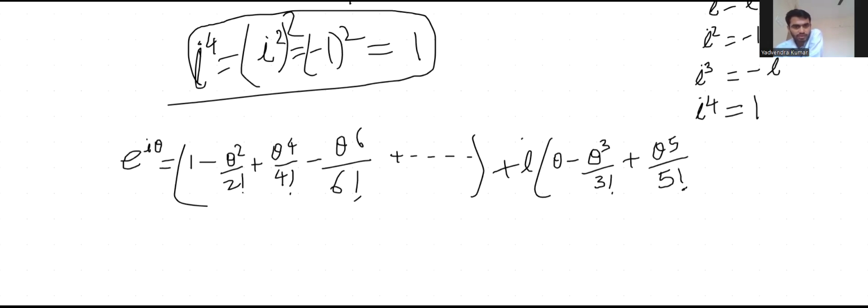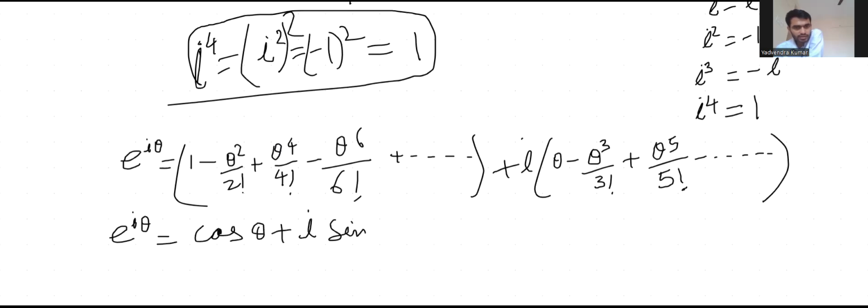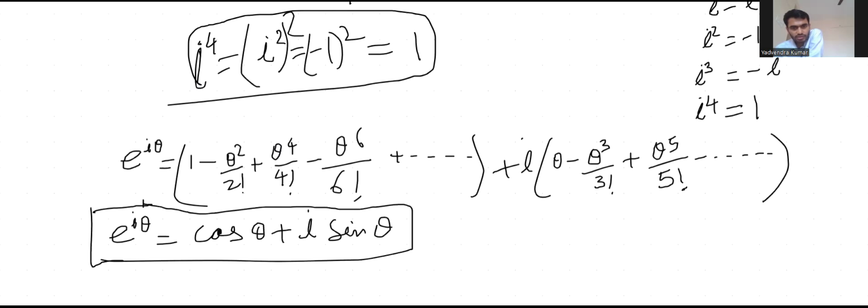So signs will come alternately. According to the sine and cos series, we get cos theta plus iota sine theta. And this is the polar form of a complex number.